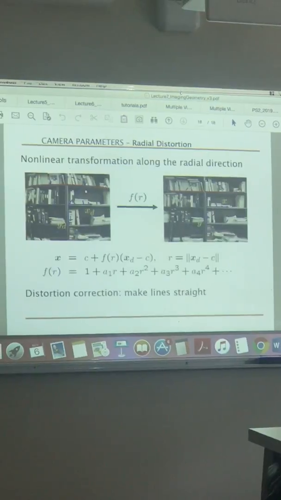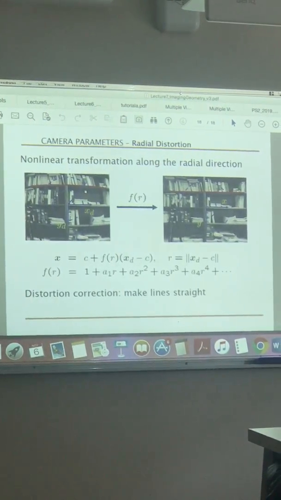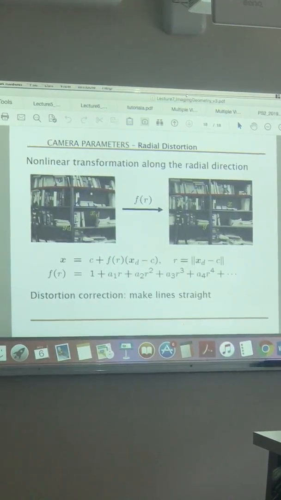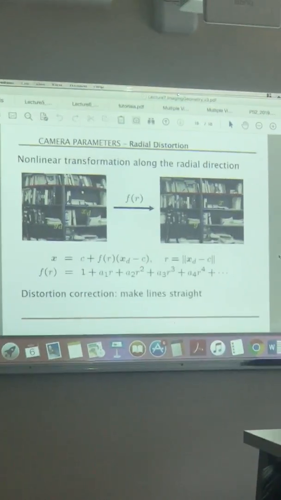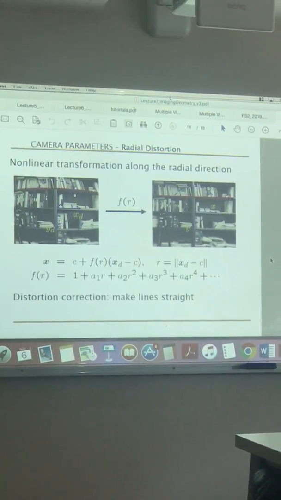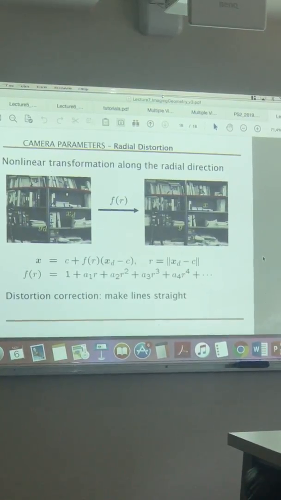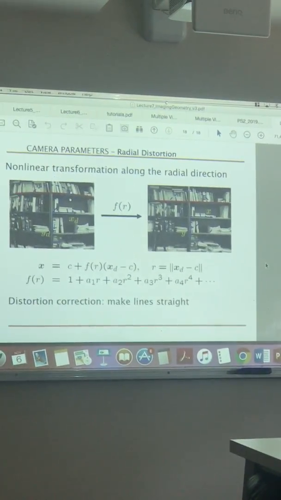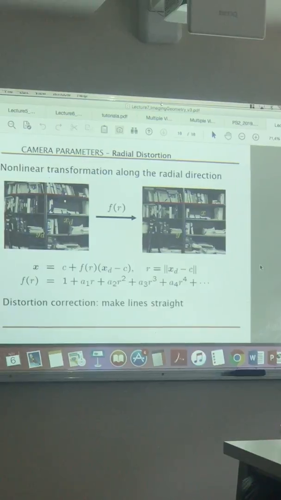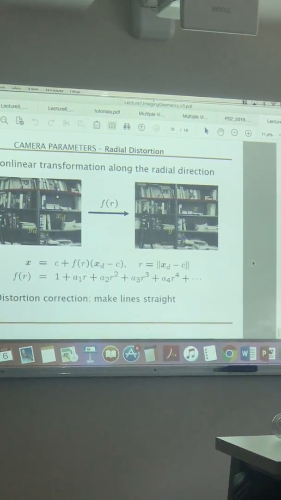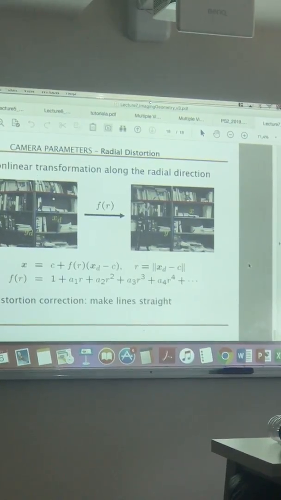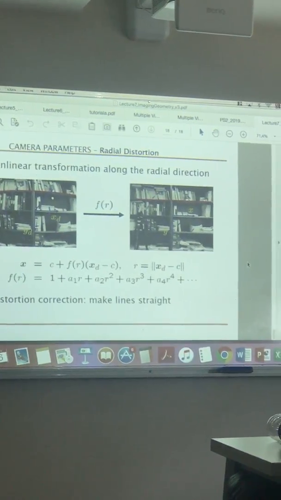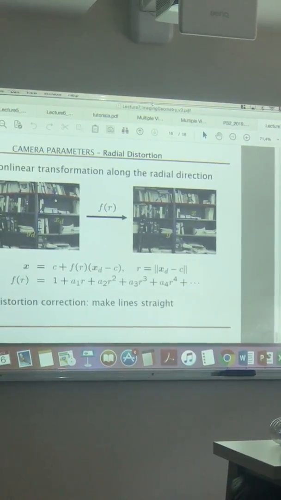So go over these slides and understand these things. Radial distortion correction, it's not critical. Okay, you may have issues in real life, and you can find the parameters that you apply and undistort your image. So we'll be assuming everything linear, and these nonlinear transformations are handled. So it's not going to be critical.